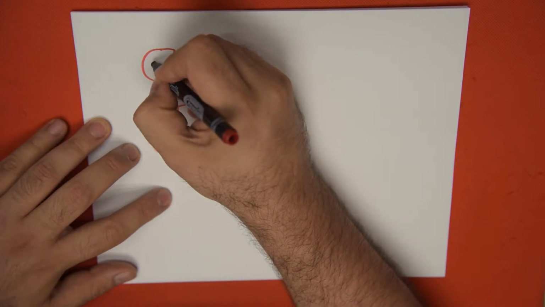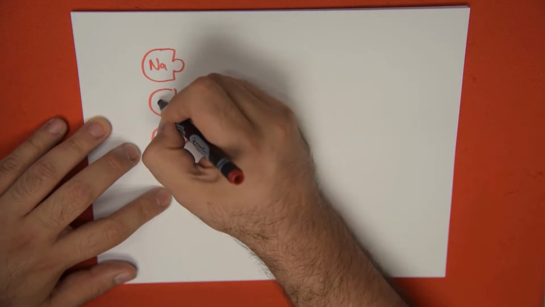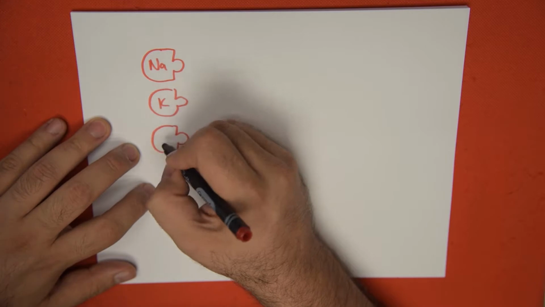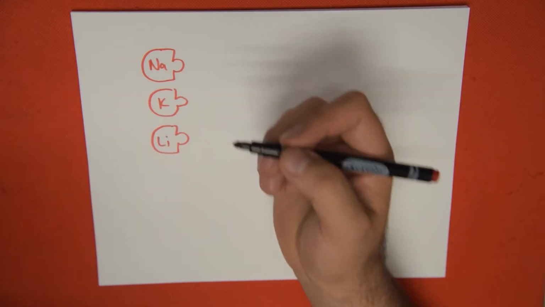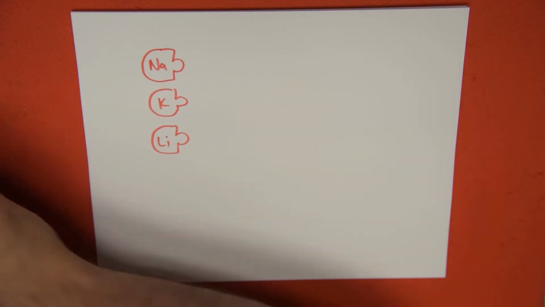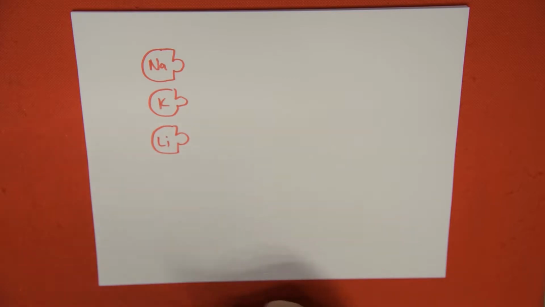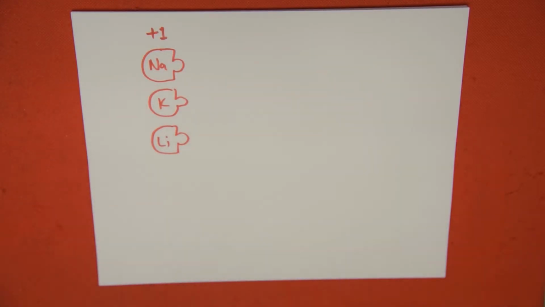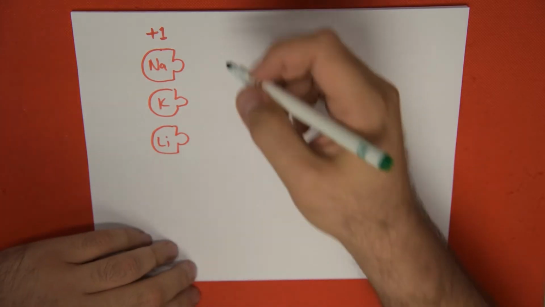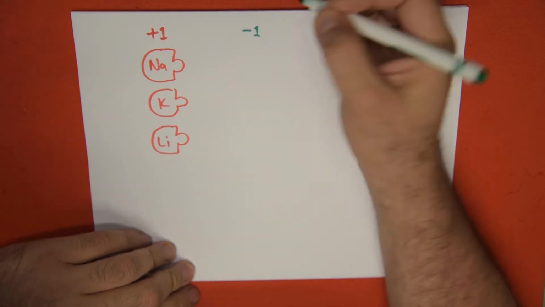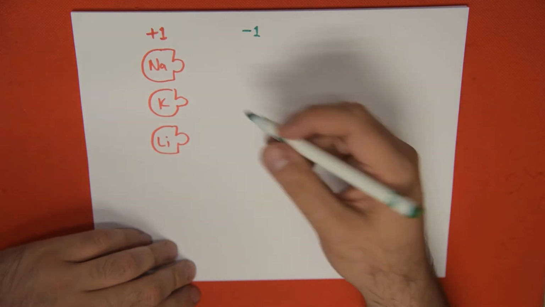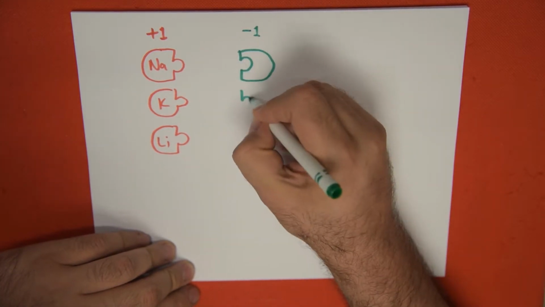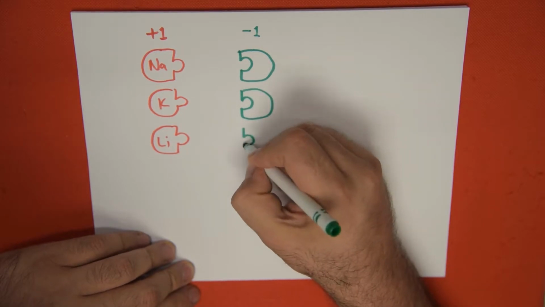So we have, for example, sodium and potassium, and we have lithium, for example, as well. And what they want to do is give away this electron, so that's why they're going to eventually become +1. So naturally, their best match are elements or anions that are -1, such as halogens, which want to receive 1 electron to be complete.